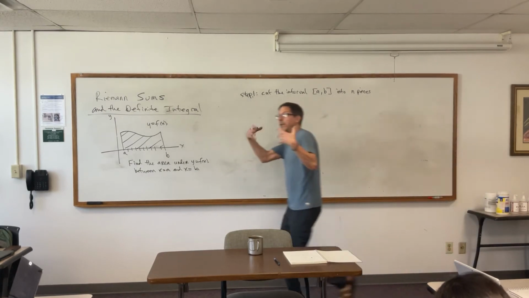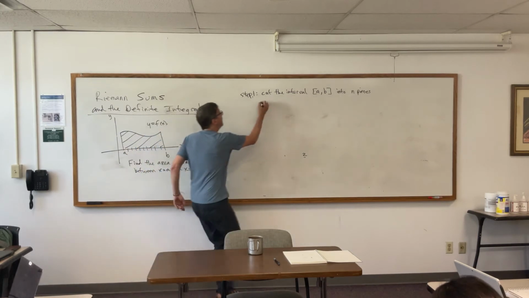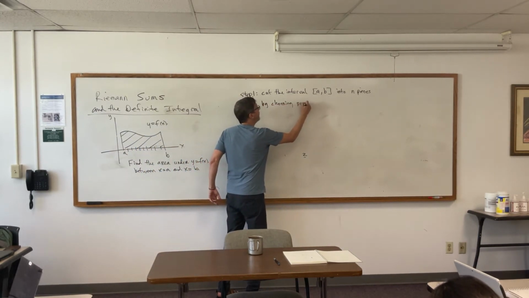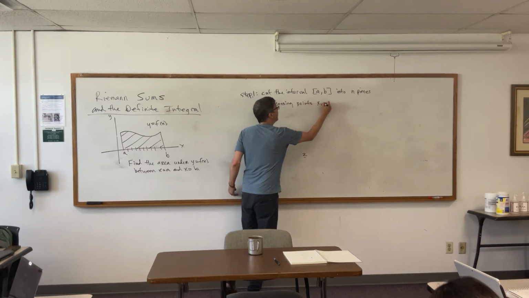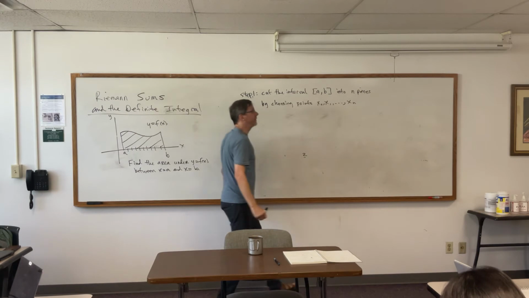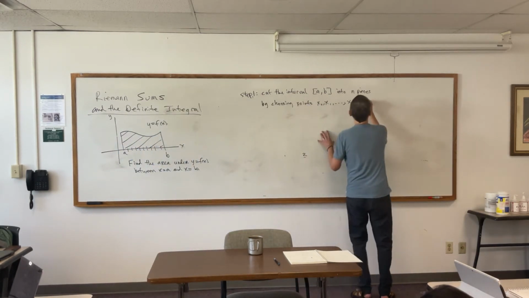We make a partition of the axis by choosing points x0, x1, on up to x sub n, inside the interval.